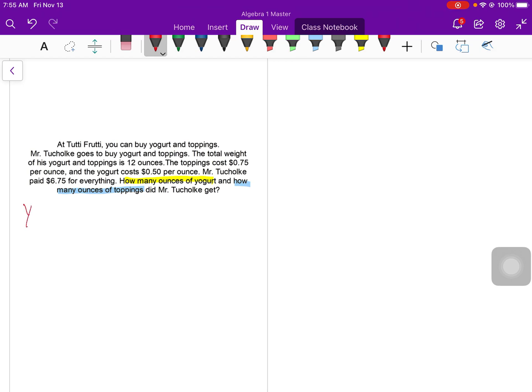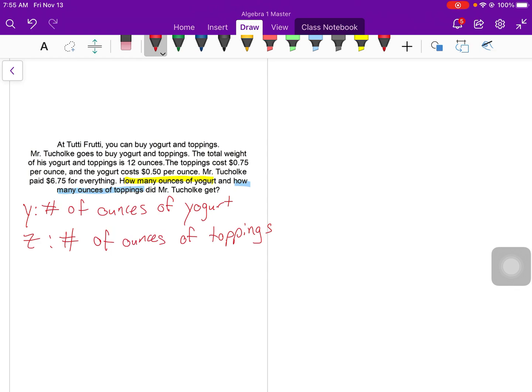I'm going to use y to represent the number of ounces of yogurt. And then, because I'm not very creative, I'm going to use z for the number of ounces of toppings. Now, I did something that's not entirely necessary, but it's going to be a good habit.